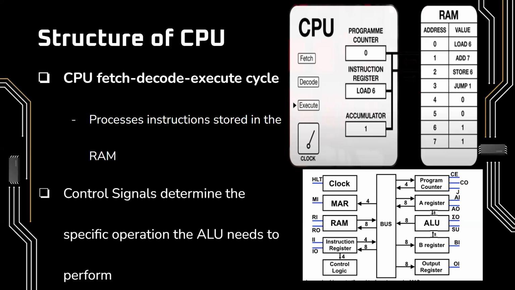Overall, it goes through all the instructions processed in the RAM and processes each of them until all the instructions are done. While it does this, it sends control signals to the ALU, so the ALU will determine what operations it needs to do. And here's a diagram of everything.